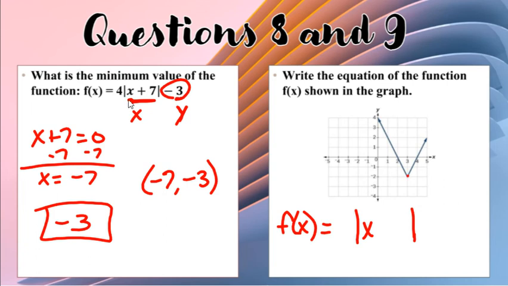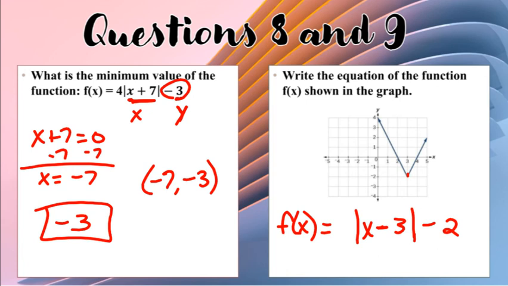Our vertex was shifted to the right 3. That means I need to have a minus 3 inside the absolute value. Always the opposite of what the x coordinate is. And then it went down 2, so that's a minus 2 on the outside. Now, one thing we want to look at is there a reflection going on? Is there a reflection? I don't see a reflection.